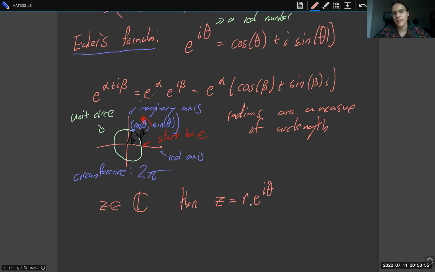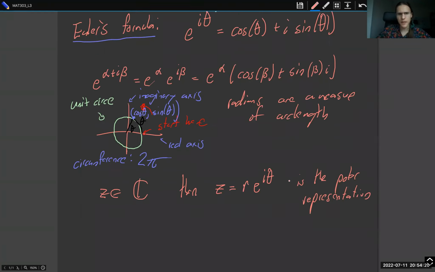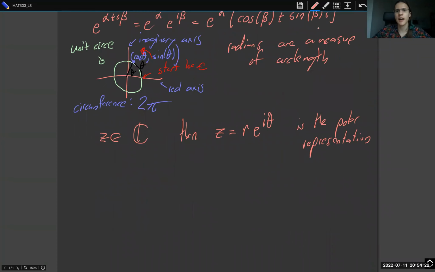So this is called the polar representation of a complex number. If r is 0, then theta isn't defined at all. And if r is non-zero, then theta is defined up to an additive factor of 2 pi.